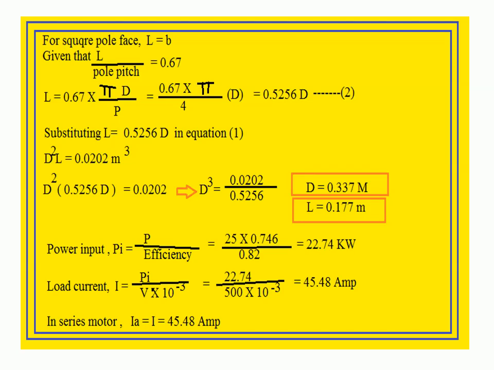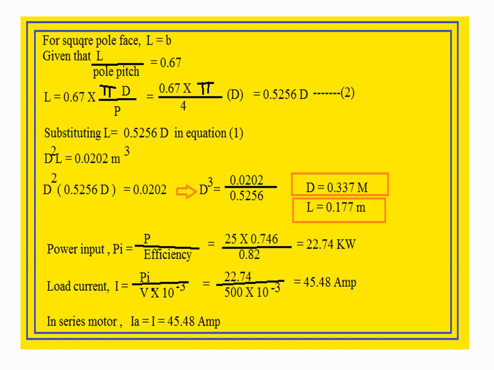We are going to get 0.5256 times D. Call it equation number 2. This is all already known, old story. Substitute this value in equation 1 to get the D and L values. So finally D equal to 0.33 meters, L equal to 0.177 meters.